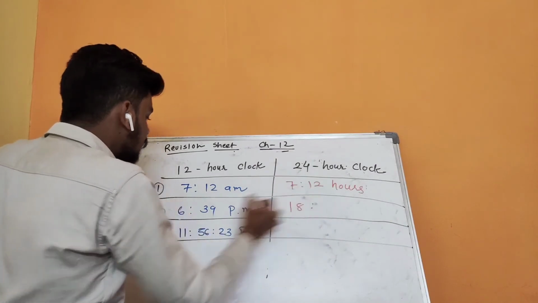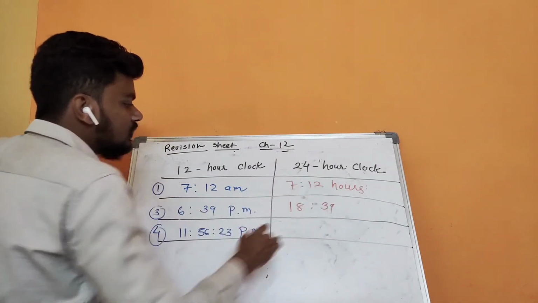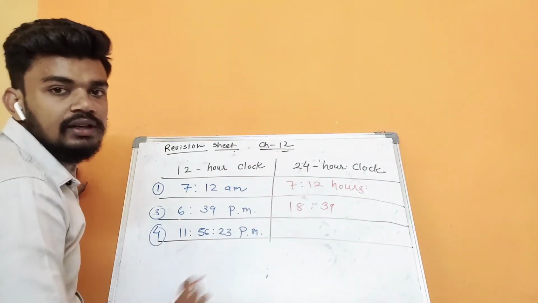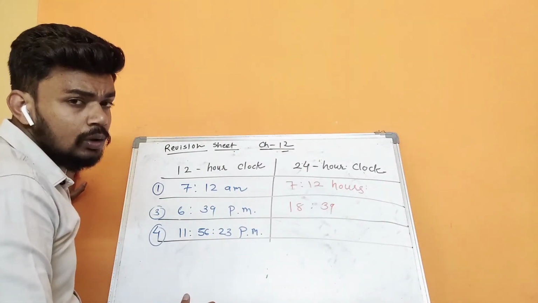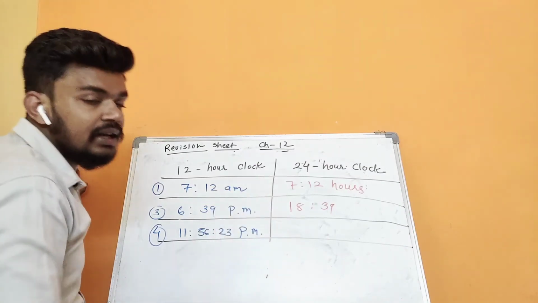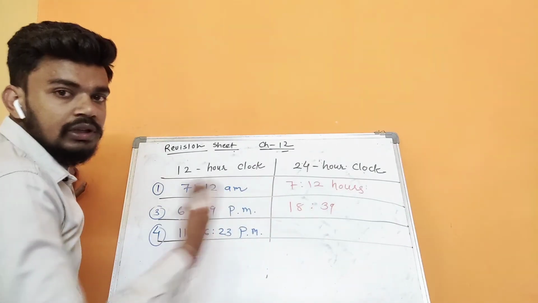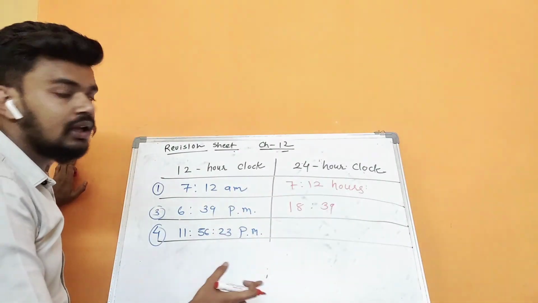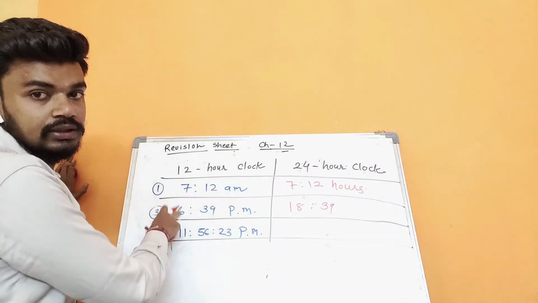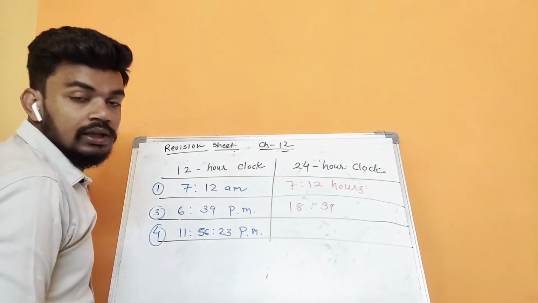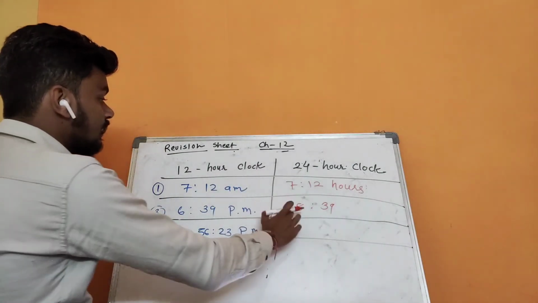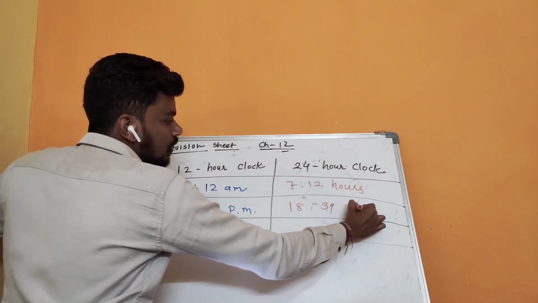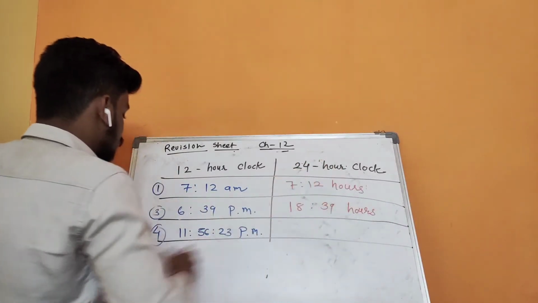So 18, 39, because right now, see, in this we do not have to make any changes in minutes, nor in seconds if they are given. Why? Because we directly add to the hours only, we do not add anything to the minutes. So directly you have to add it in the hours section, which is 6. So 6 plus 12 equals 18. So 18 and 39 hours.